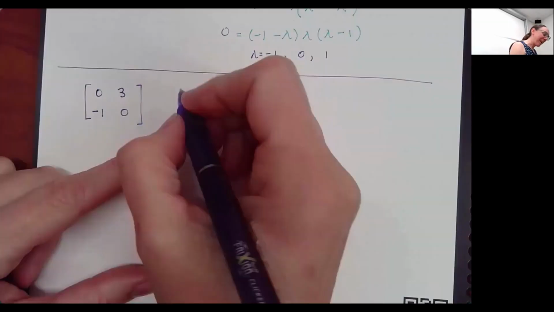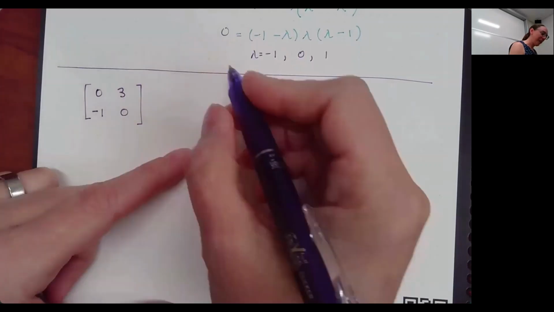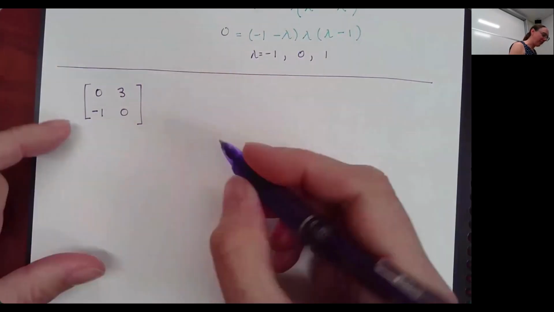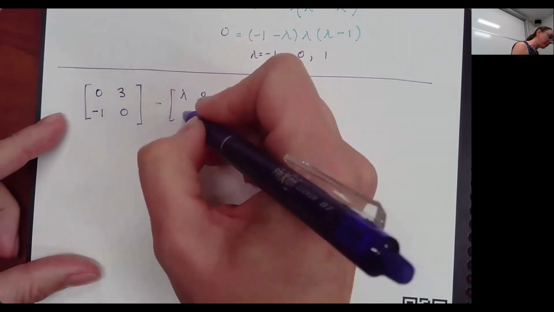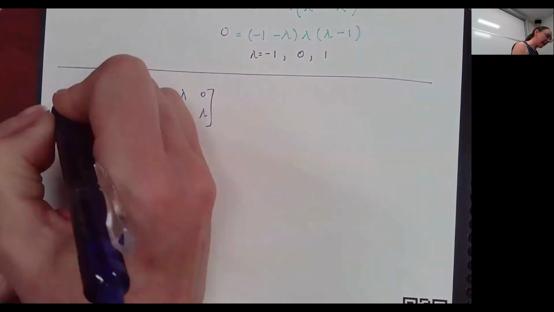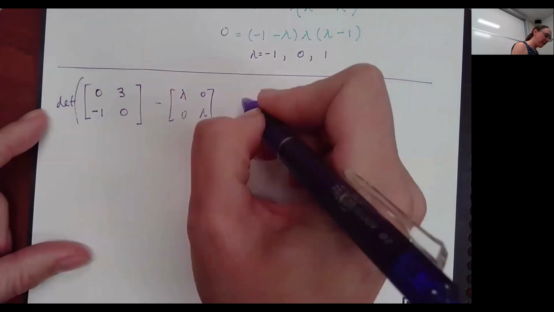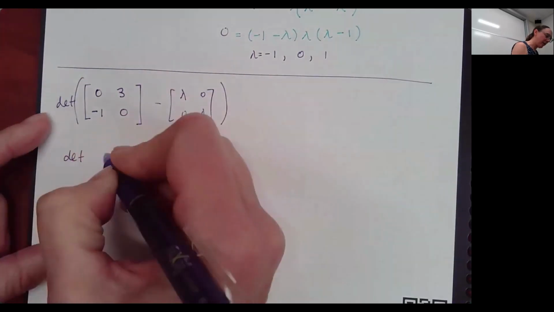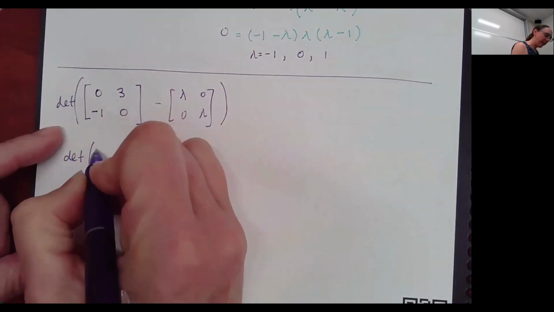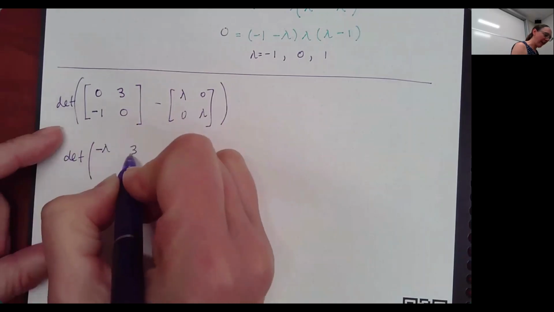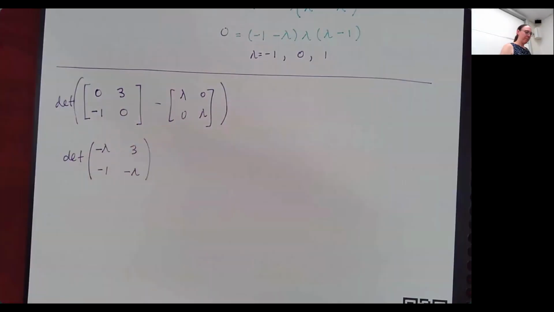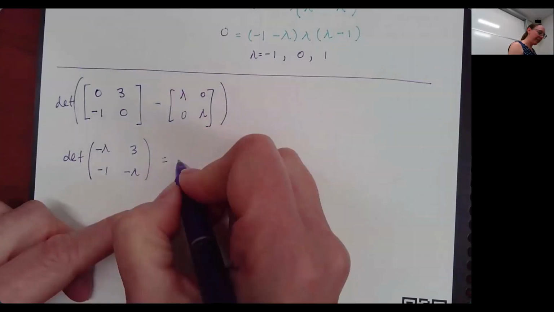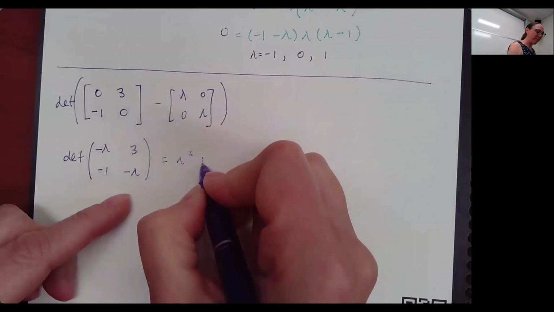So if I go to find my eigenvalues here, I'm subtracting lambda on the diagonal, and then taking that determinant. So I'm looking for the determinant of negative lambda, 3, -1, negative lambda. When I take that determinant, I end up with lambda squared plus 3.